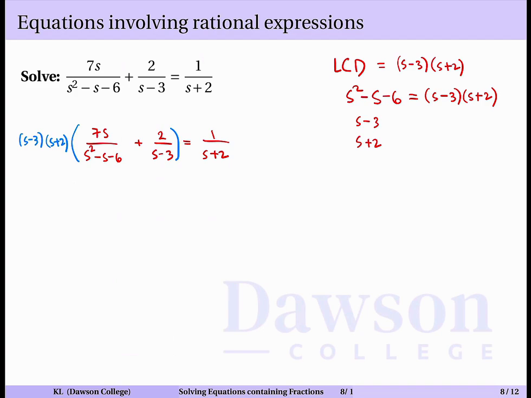So we also multiply this by (s minus 3)(s plus 2). If we distribute this over this and this one here, for the first one, this will completely cancel this part, which means we have 7s.